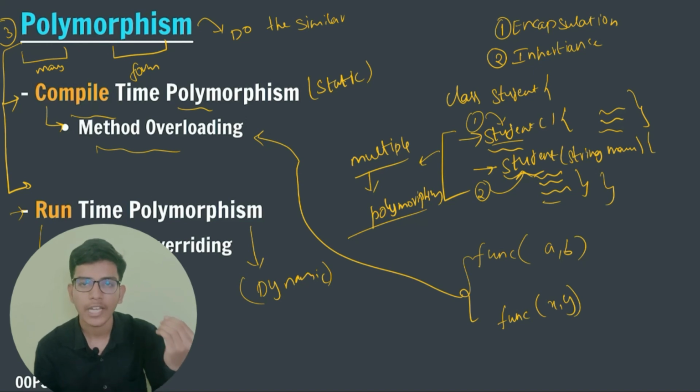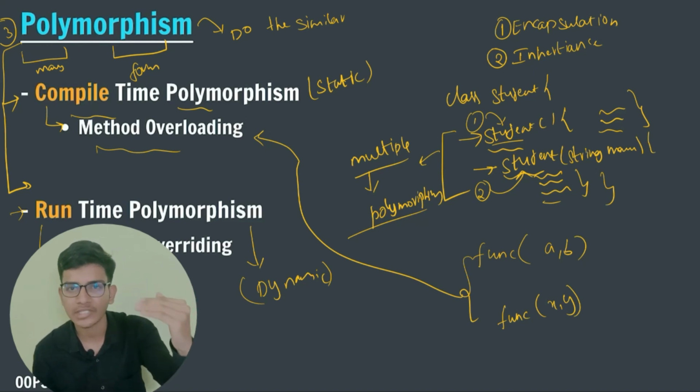Poly means many, meaning the function or method names are same, and morphism means form. So the forms inside the functions are different. By combining this we got the word polymorphism. I hope you have understood the meaning of polymorphism: the function's name is same but the work going on inside is different.